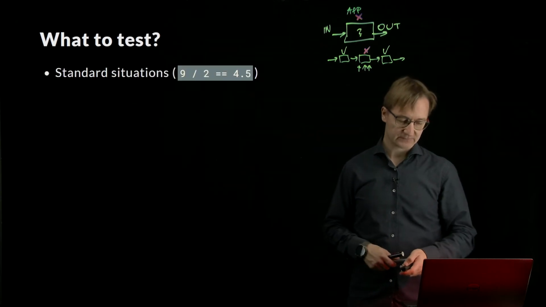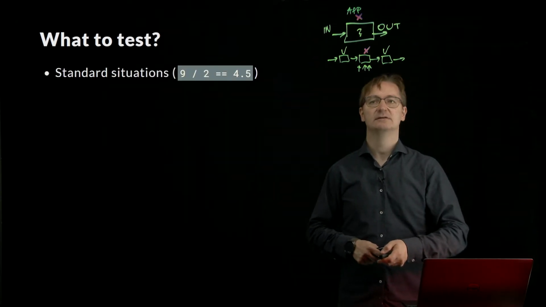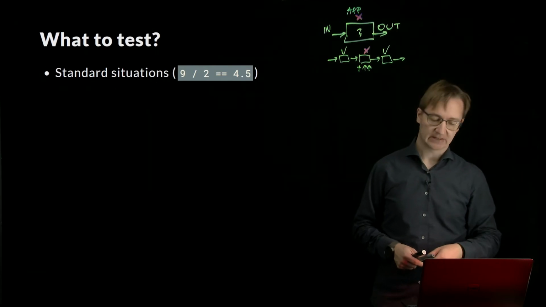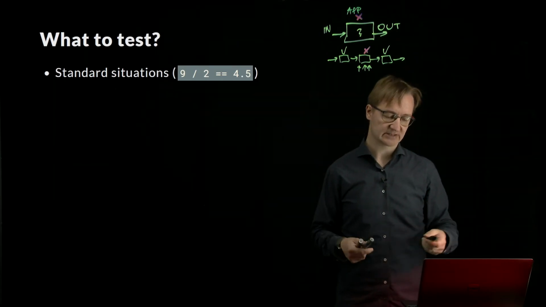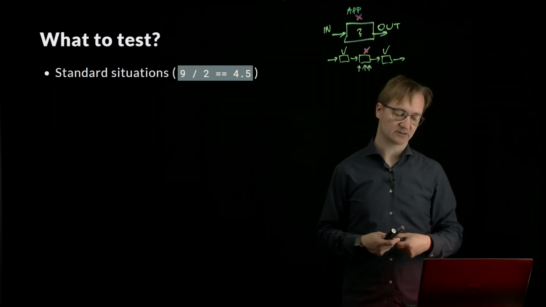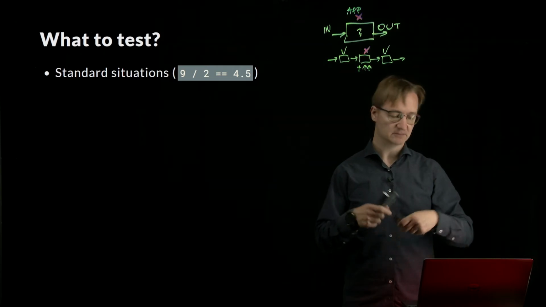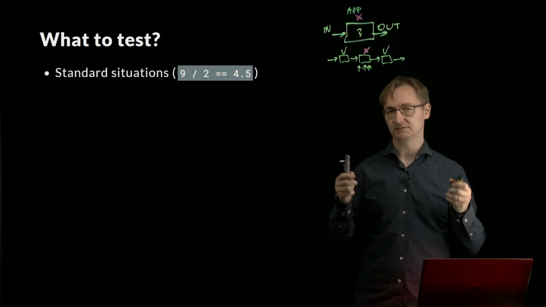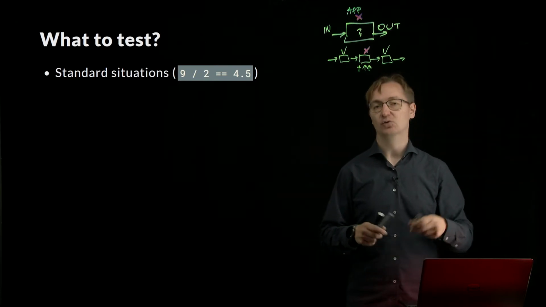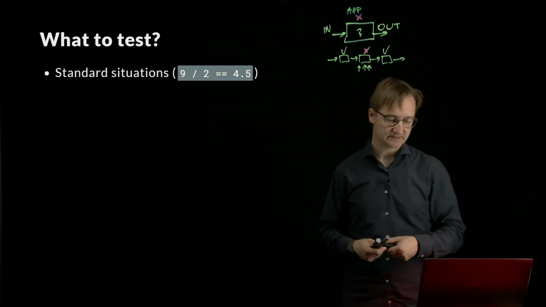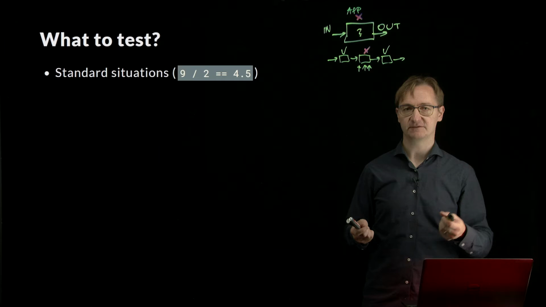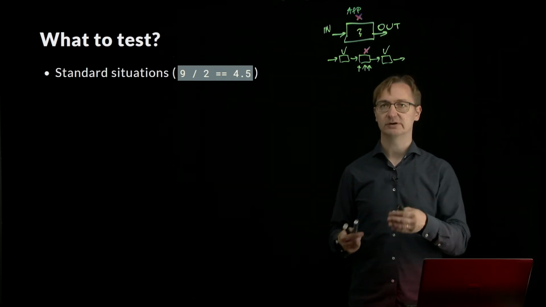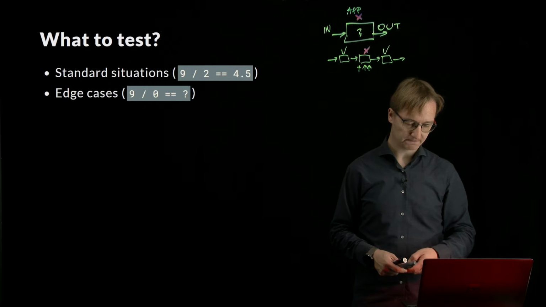So what to test? As I said, one functionality can be tested with different inputs. One way would be to first test the standard situation. For example, if I have a division, I can just try to divide certain normal numbers. I can see what happens if there is nothing special, and see that the code does what it's meant to do.